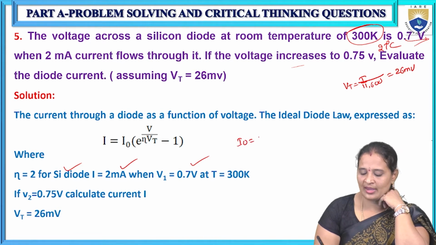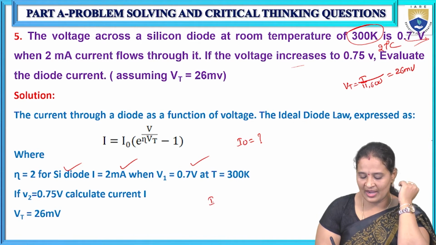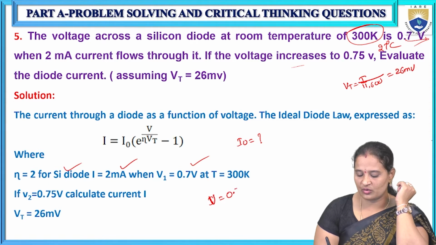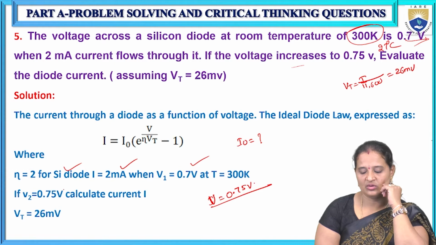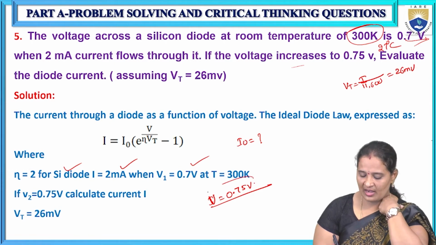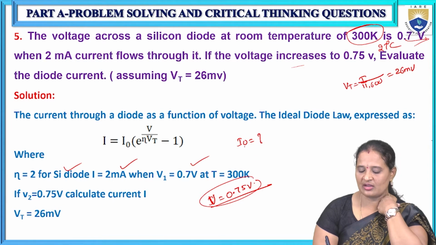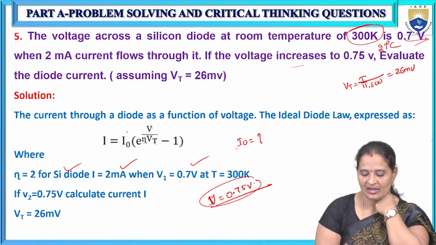We don't know the I0. If you could know the I0, then you can easily calculate the current flowing when the input voltage is 0.7 volts. As eta value is known, and Vt value is known, everything is known. If I want to calculate this, first of all, I should calculate I0.